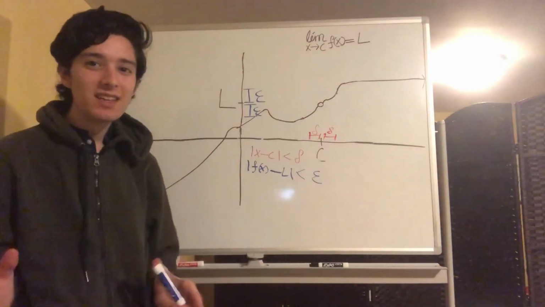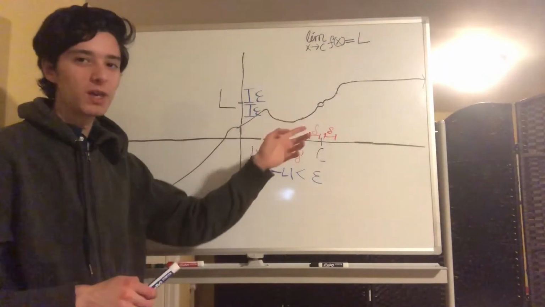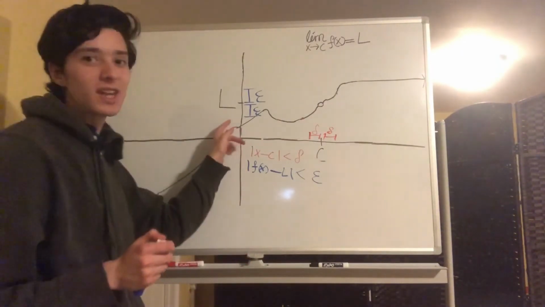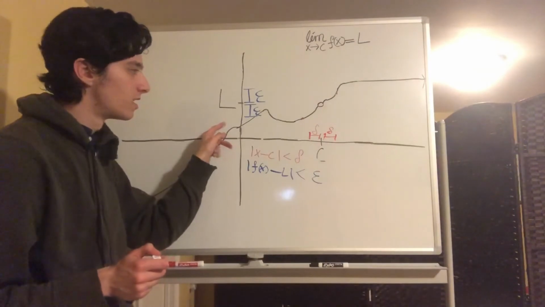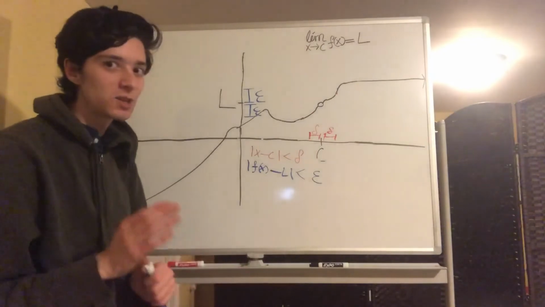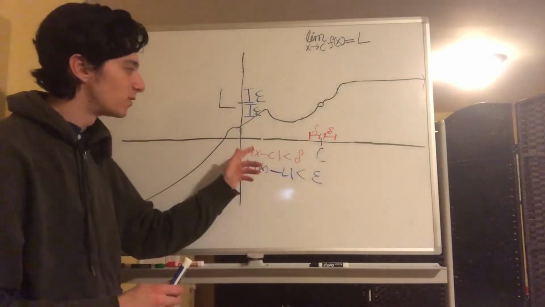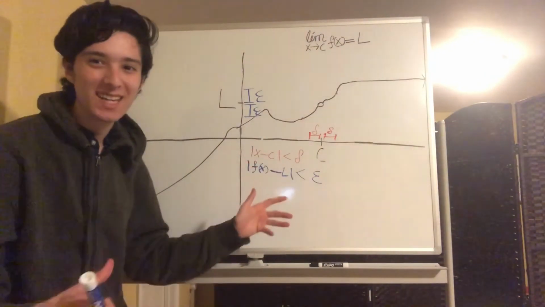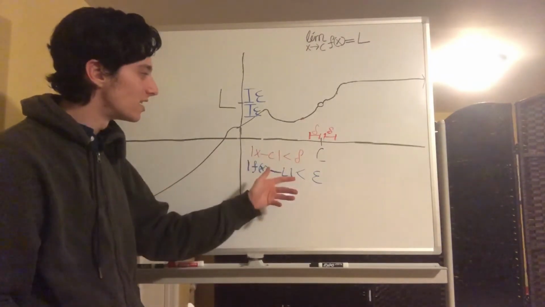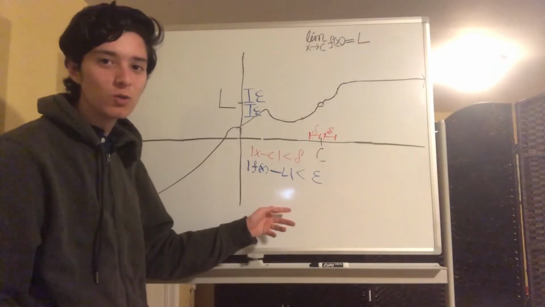And so the idea is that for our function to be able to exhibit this limit, what we can always do is start with an epsilon, then from there we can choose a delta such that whenever x is within that delta of c, the absolute value of x minus c is less than delta, then we will see that the absolute value of f of x minus L will be less than epsilon.